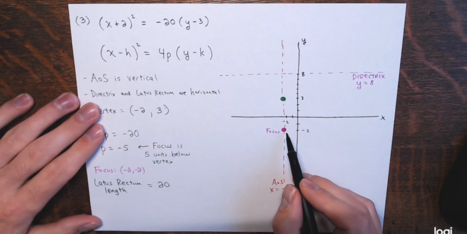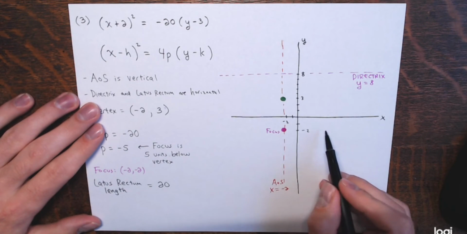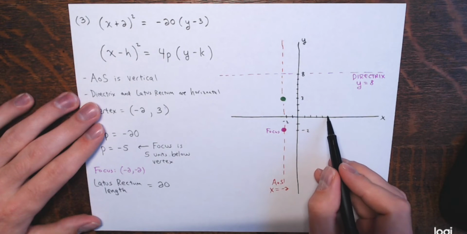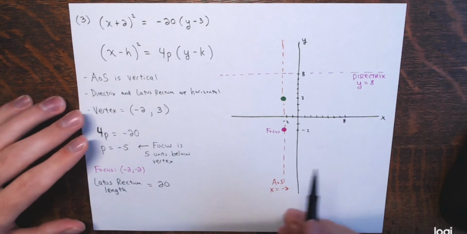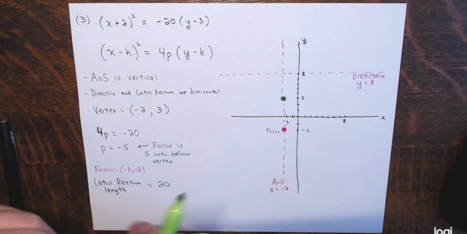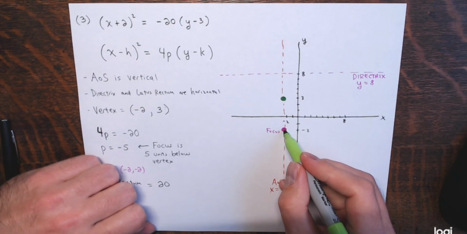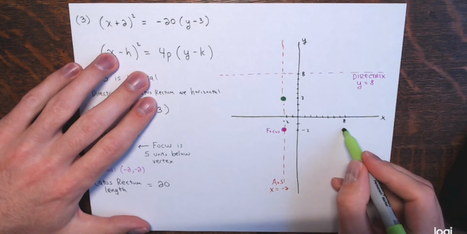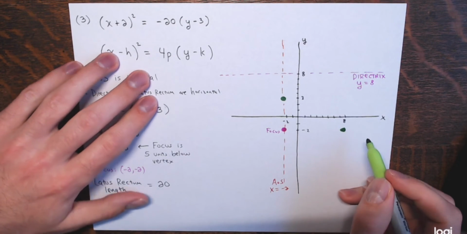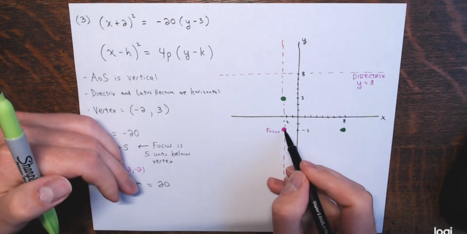So from the focus, I'm going to go to the right 10 units. And that'll take me to a point on the parabola. So from -2, -2, if I go to the right 10 units, that'll be at 8, -2. And then I'll also go to the left 10 units.